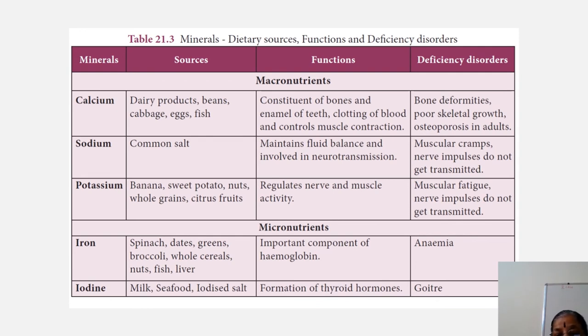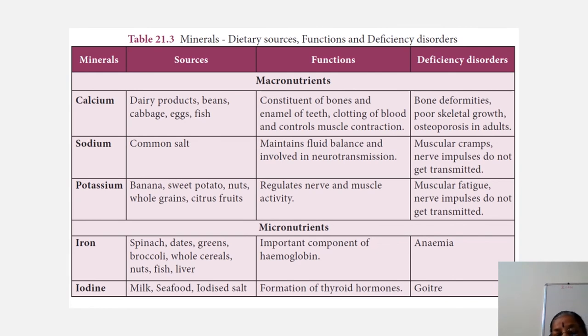Whereas micronutrients are iron and iodine. Iron is an important component of hemoglobin. Heme is the iron part of the red pigment hemoglobin. If RBC production is poor, the person will be suffering from anemia.